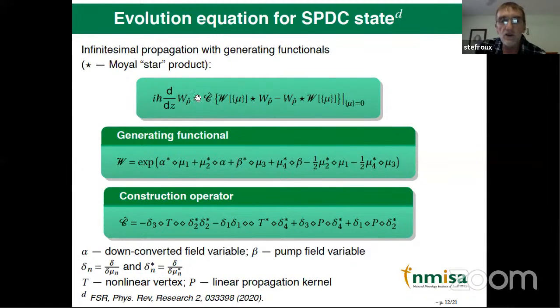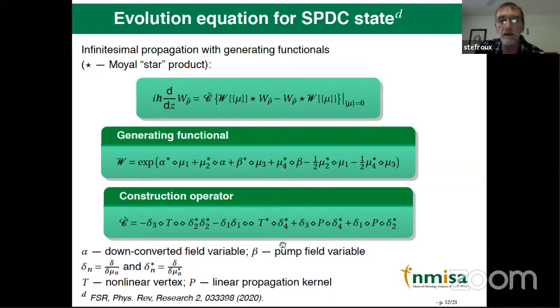And so we're going to generate the operator using a construction operator that consists of all these functional derivatives with respect to these auxiliary field variables. And in the construction operator, you would have these kernels. So T would be the kernel. It would be the 3-point vertex for the nonlinear process that produces the spontaneous parametric down conversion.